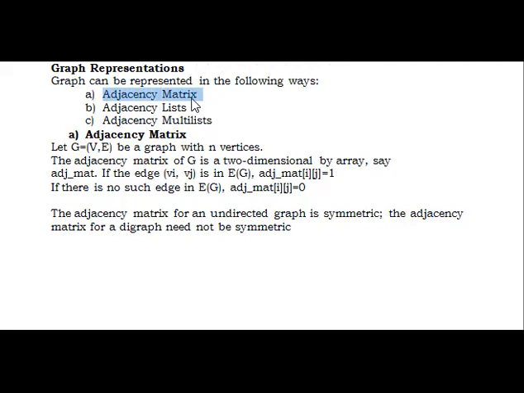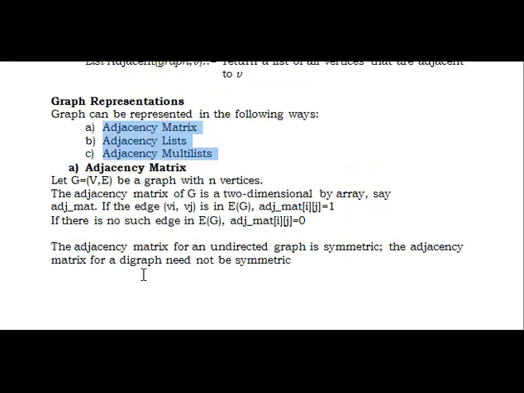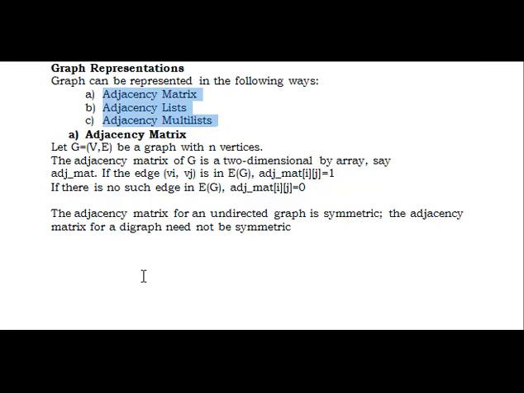Based on the adjacency list, we store the data into the memory space, and adjacency multi-list also stores the data in the memory space in an efficient way. So the three types of representation in a graph help to store the data in memory by using data structure.